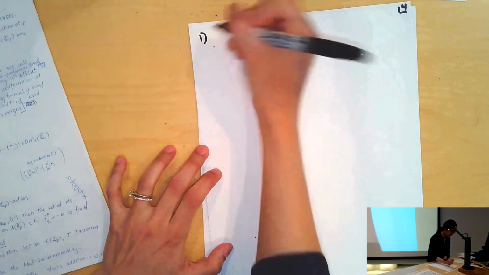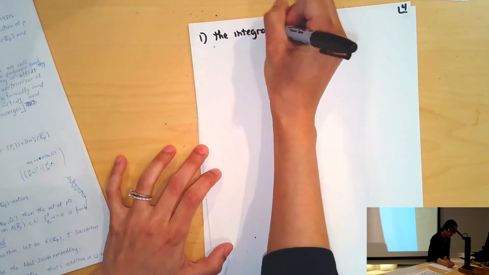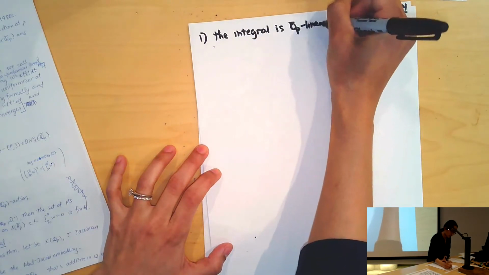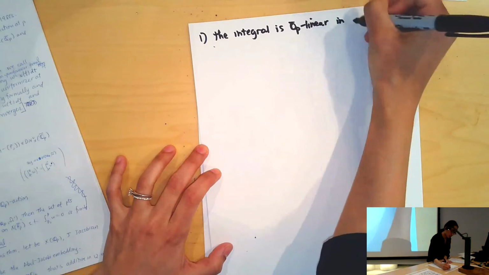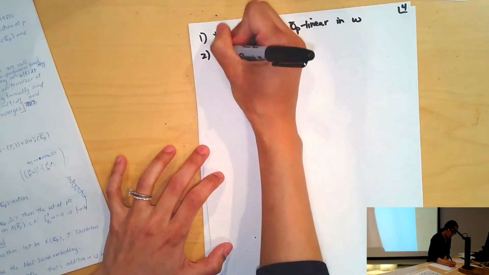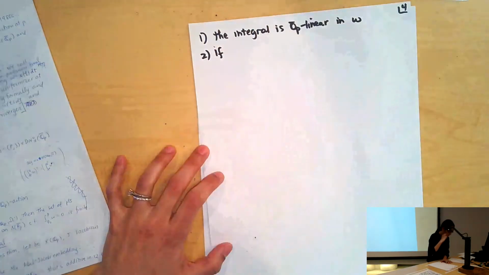So first, the integral is linear in omega, so we can split things up. We have a way to compute tiny integrals, or integrals that are essentially local.